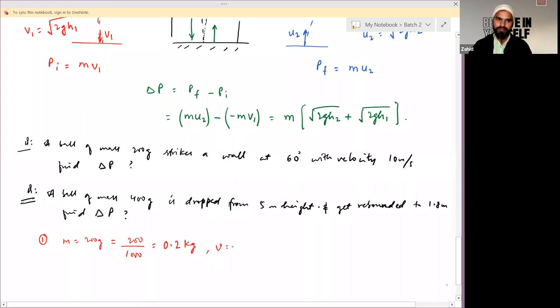Velocity of ball is 10 meter per second. Angle is 60 degree. Put these values in the above formula. Change in linear momentum equals 2 times mv cos theta in this part, and try to simplify it.